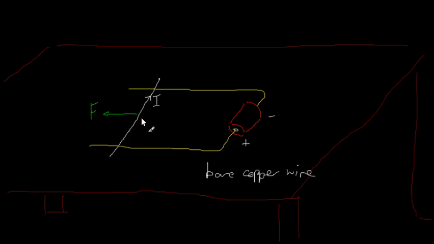Now I'm going to draw the magnetic field at a certain angle, theta, to the current. This field is still pointing in a downward direction. It's not very obvious from my drawing, but let's say it's still pointing downward, but it is slanted at an angle to the current.